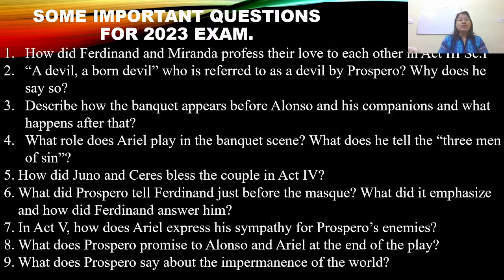Now, see here, I have given some important questions because I strongly feel that if you are able to do all these questions, in a way, you will be prepared for short questions. The first is, how did Ferdinand and Miranda profess their love to each other in Act 3, Scene 1? So, when you write the answer, it's not that you will write a lot about what happened in the previous scene.